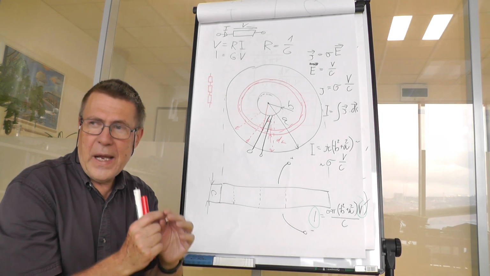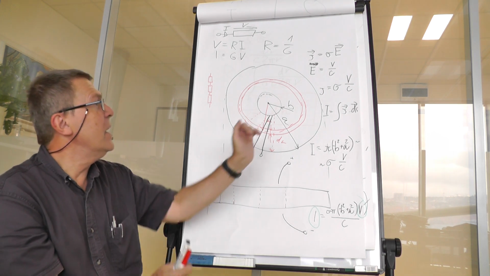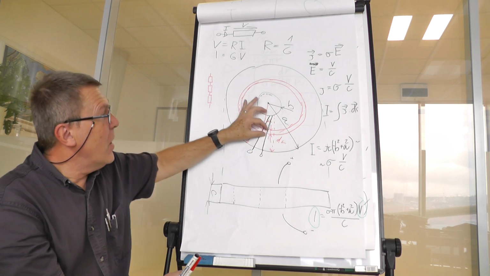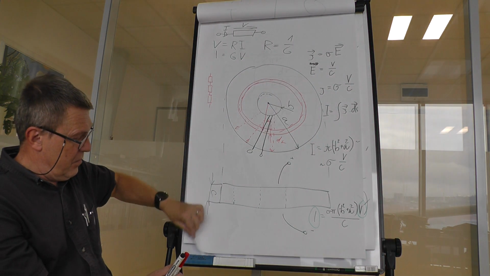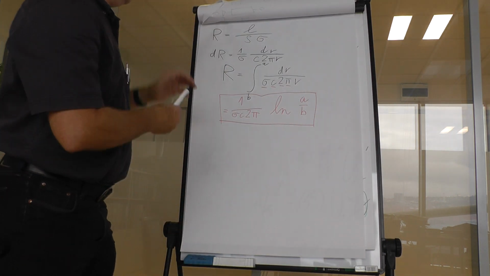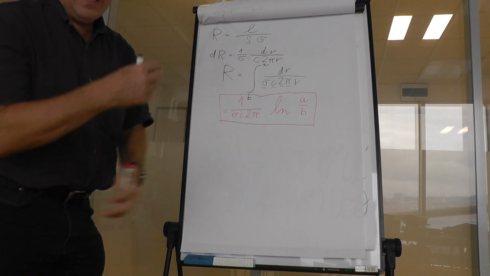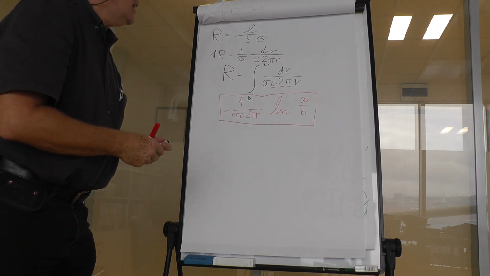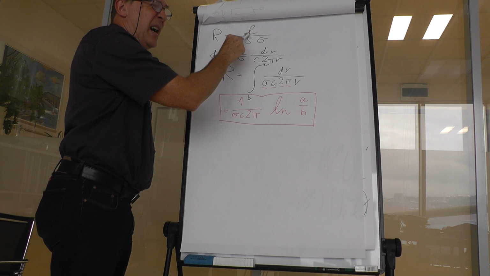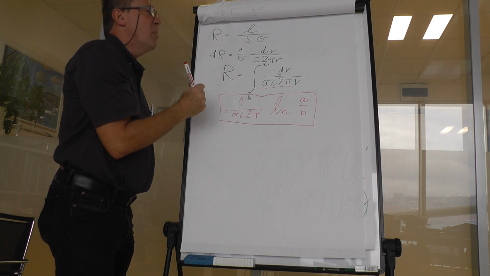So again, we now can put down an equation for the differential resistor value of this thin skin. We will start from the same basic equation, but as the same letters have now different meaning, the length is 2 pi r, while the surface is dr multiplied by c.